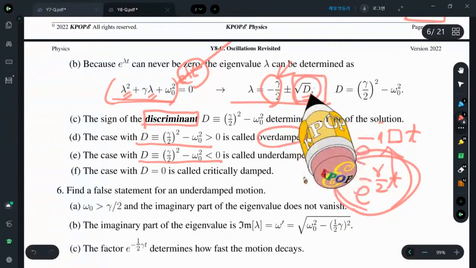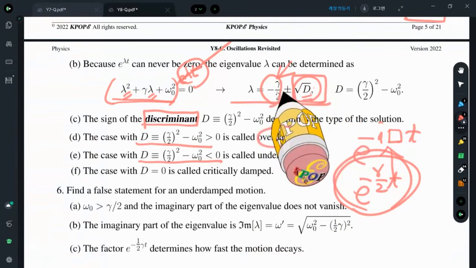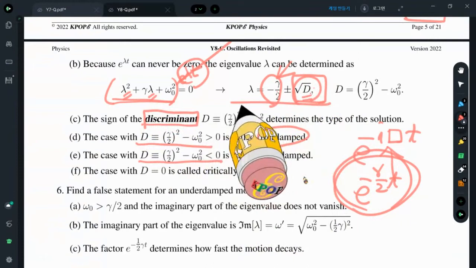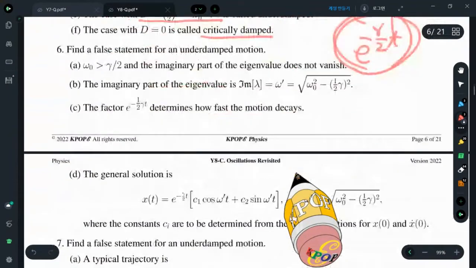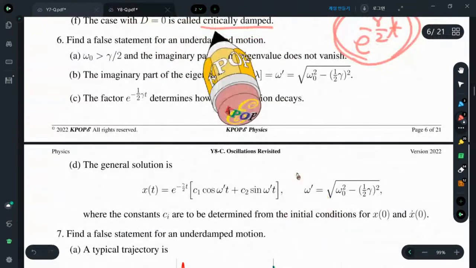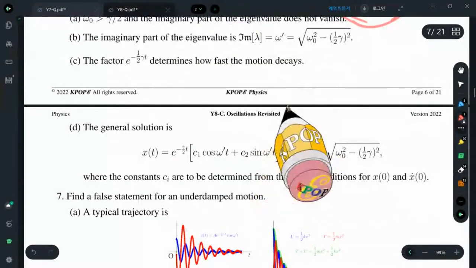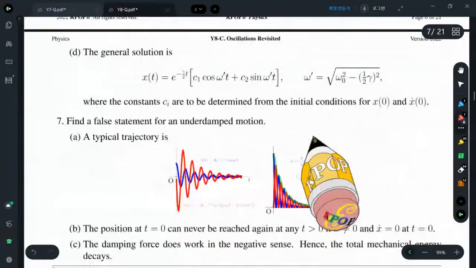The problem is the sign of this. At last, we have a double root when this discriminant becomes zero. That is called the critically damped case. And we have analyzed all the details about the three kinds of solutions.